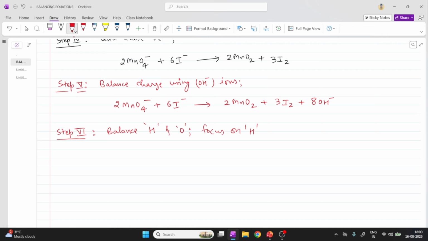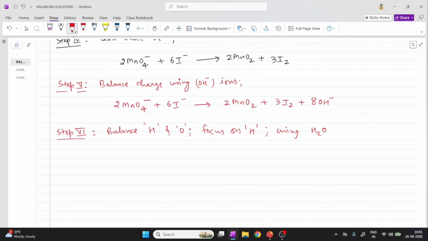Let us see. So calculate hydrogen. In this case, on the left side there is no hydrogen, and on the right side we have 8H. That means total 8 hydrogen. When we balance hydrogen, we use H2O. So balancing H and O, focus on H using H2O. On the left side I have to add 8 hydrogen, but using H2O.